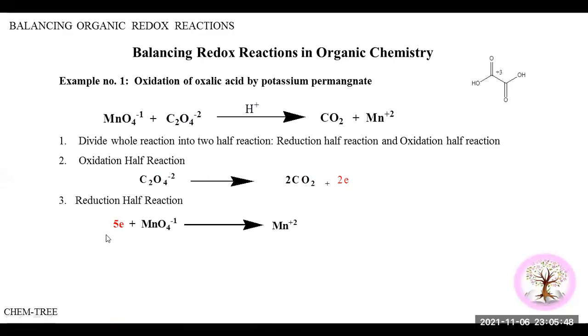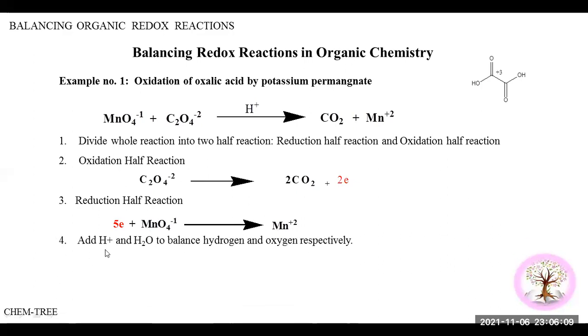Now the reduction half reaction: permanganate ion is converted into manganese +2. So you have to write that 5 electrons are added. Why? Because manganese in permanganate is in +7 oxidation state and it is converted into +2. It means 5 electrons have been added.